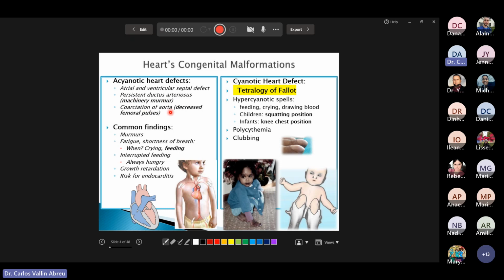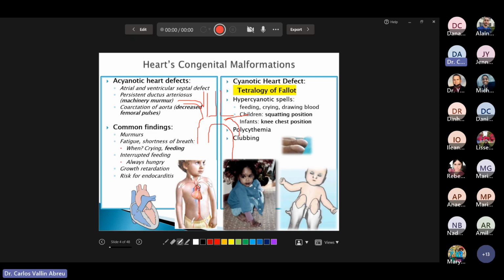Sometimes there is a malformation that is also acyanotic, but it's not inside the heart, it is in the aorta. The aorta is a pipe that leaves the left ventricle and goes upward, but then makes an arc and goes downward. Here it is going to produce the arteries that go to the upper extremities and the carotid arteries, and the subclavian arteries, and then continues downwards.